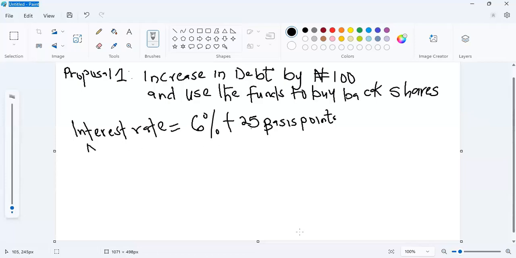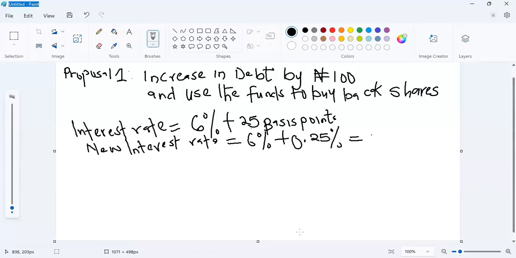That means my new interest rate is equal to 6% plus, to convert basis points to percentage, you are going to divide by 100. 25 divided by 100 will give me 0.25%. That means the new interest rate now is 6.25%.